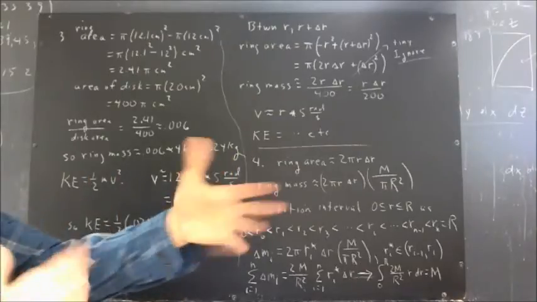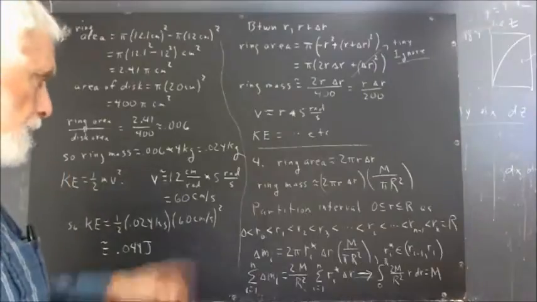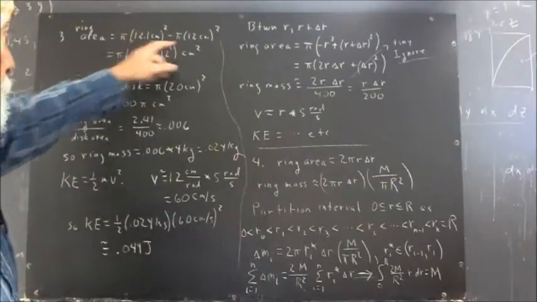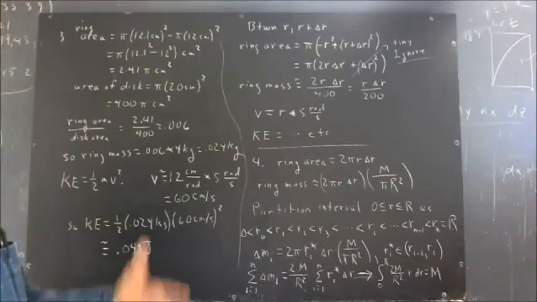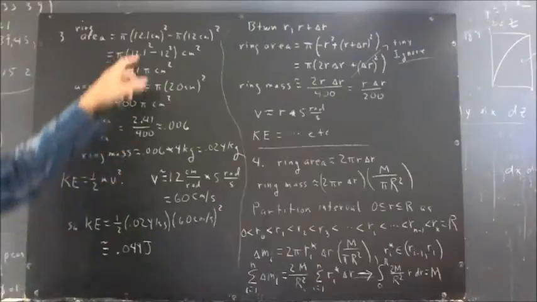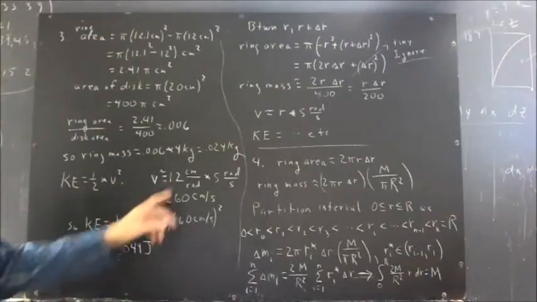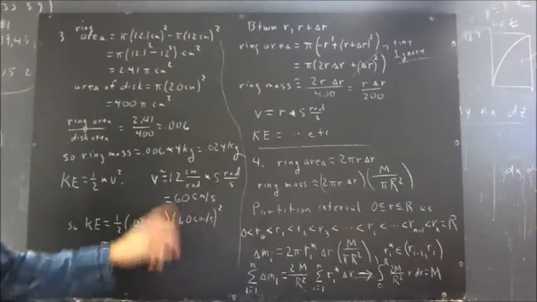Now, somebody in class said, well, why wouldn't we use 12.05 centimeters, which would be halfway between the 12 and the 12.1, and that would have been fine as well. We're just trying to get a good approximation here. For the small thickness of that ring, it's not going to make a whole lot of difference, and we're getting a nice round number here, so we're going to use this.